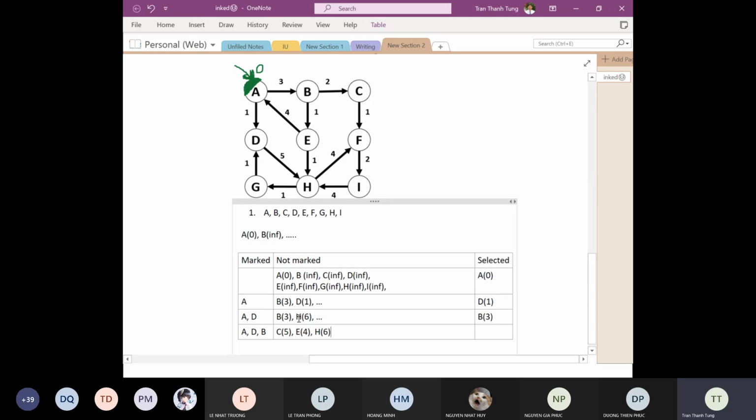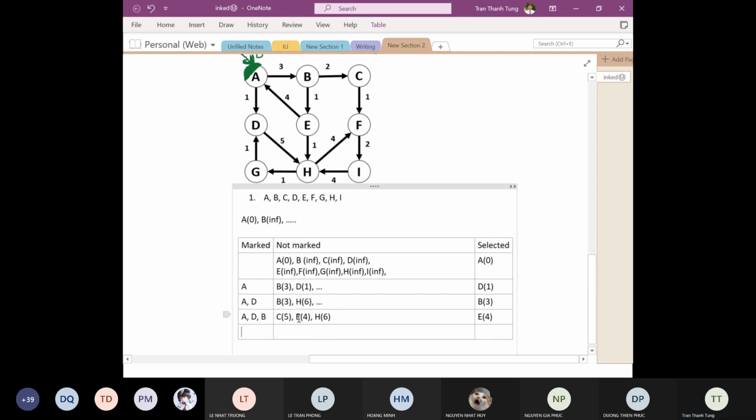So this is why people say we can use a priority queue. Then we take E4. We have A, B, D, B, E. After we take E, we have C untouched, H untouched. Now from E we can go to H with E4 plus 1, you have 5.